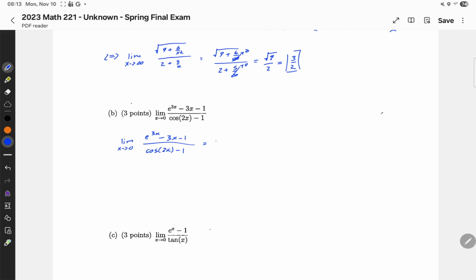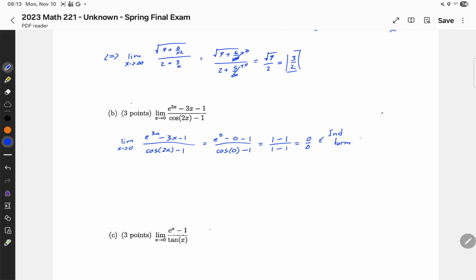This gives us e to the 0 minus 0 minus 1 over cosine 0 minus 1. The e to the 0 turns into 1, minus 1, over cosine of 0 is 1, minus 1. This gives us 0 over 0.